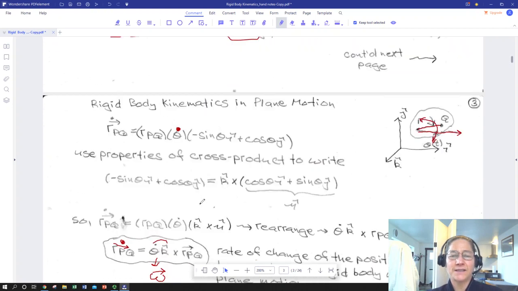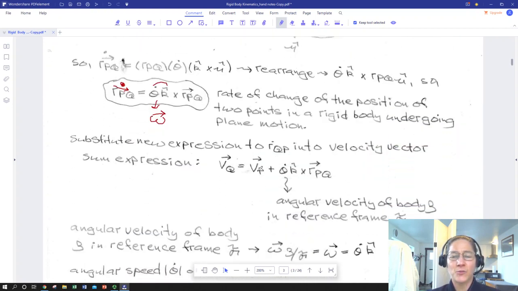And all of that gets added to the velocity of P to get the velocity of Q with respect to our external reference frame, our reference frame that does not move with body B, our stationary reference frame. So if you've got a body moving some way, rotating with respect to a reference frame, you know the motion of one point on the body, and you want the motion of any other point, all you need to know is a radius vector from one point to the other and the angular velocity of the body.